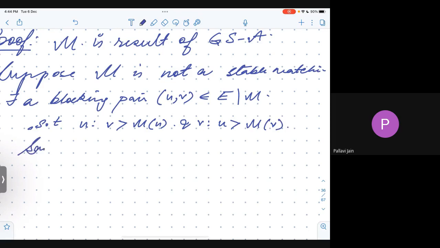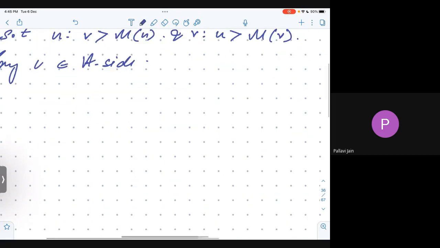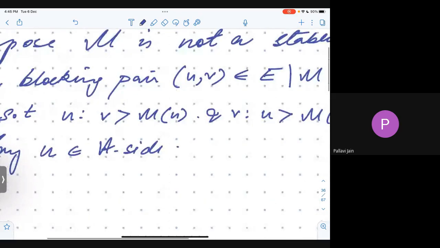Say U is the A side, the proposing side, okay? Then clearly by Gale-Shapley, the algorithm that I described, using preference lists would say that V is ranked higher than M of U, whatever the final matching was.